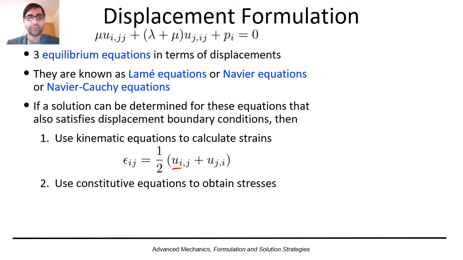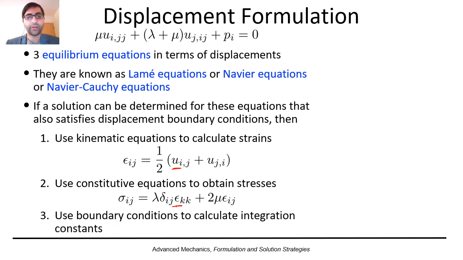Then we use constitutive equations to obtain stress. So from epsilon we find stress. And finally, we use boundary conditions to calculate integration constants, as you've seen in the previous examples. We're going to see an example of this in the next part of the lecture.